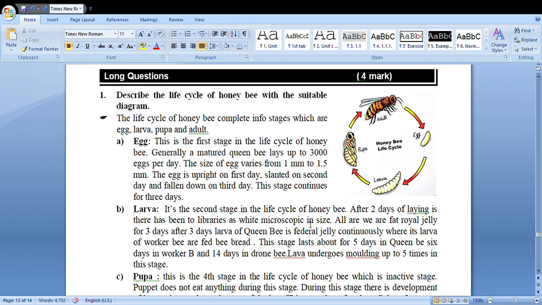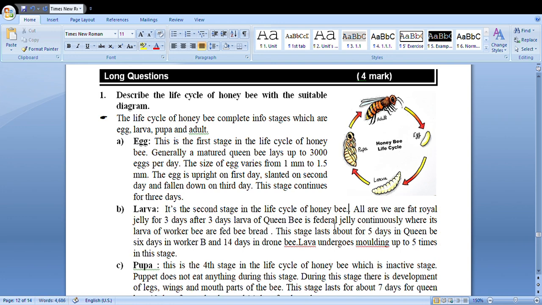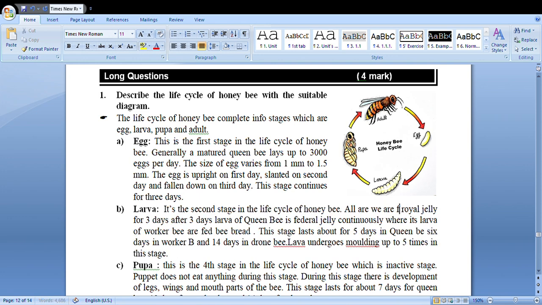It is the second stage in the life cycle of honeybee. After 3 days of laying, the larva comes out.